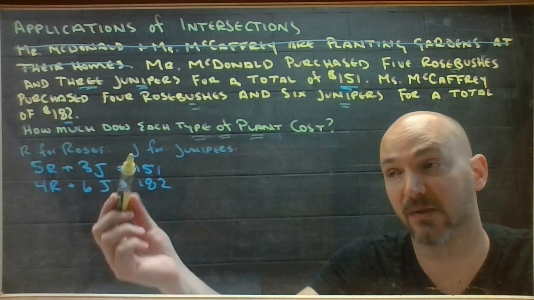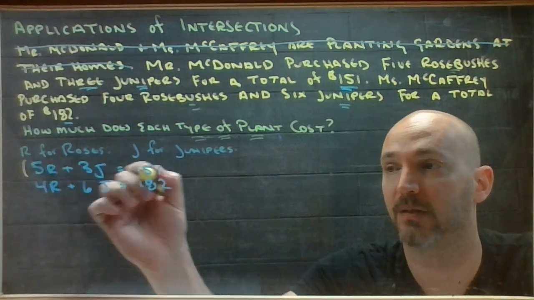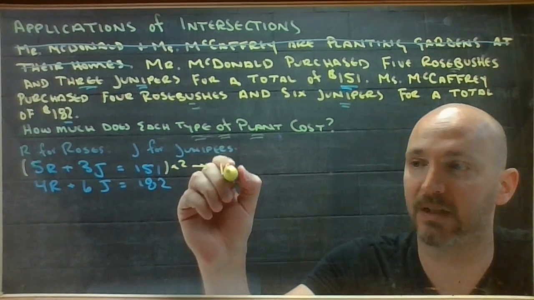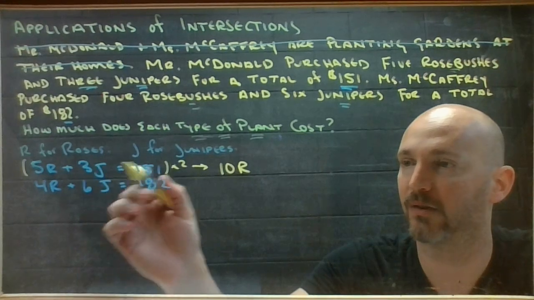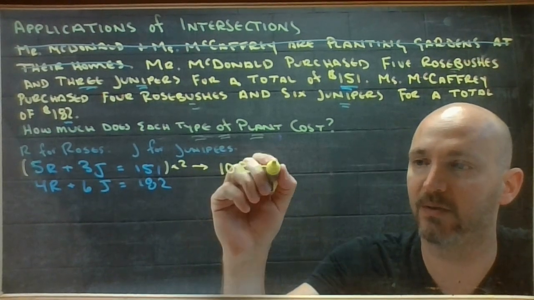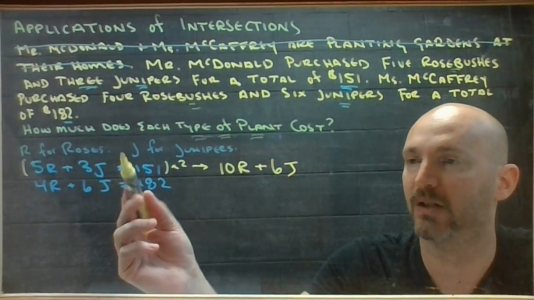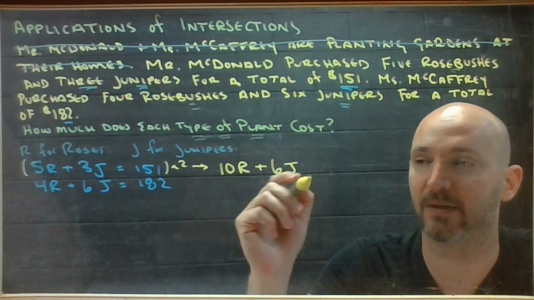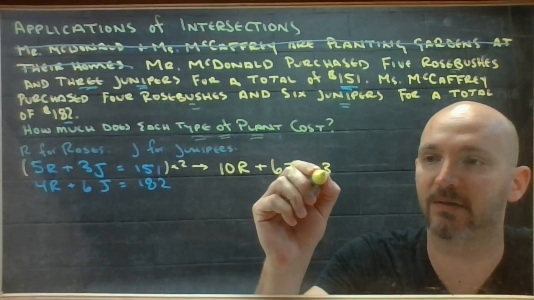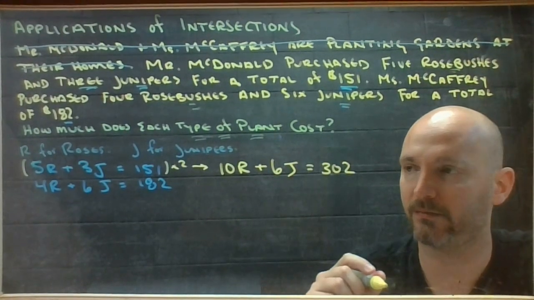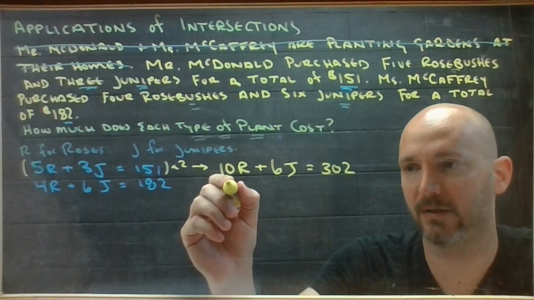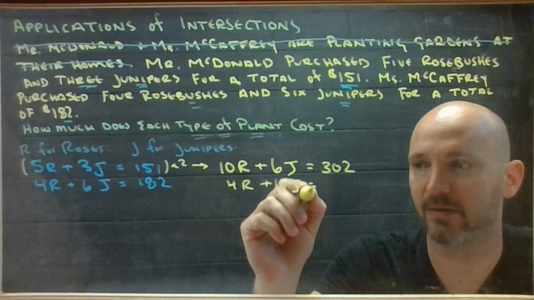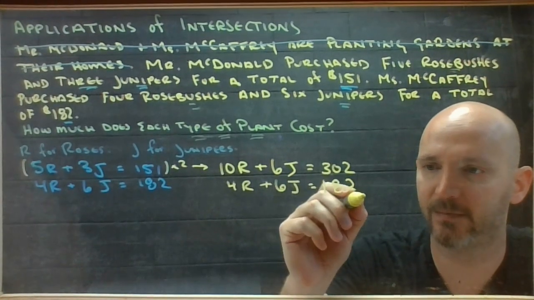That feels easier to me, so that's the one I'm going to do. 5 times 2 would be 10 rose bushes. 3 junipers times 2 would be 6 junipers. And if I double the number of plants I buy, I'm going to double the cost. So it would be $302. I didn't change this one at all. 4 rose bushes and 6 junipers was $182.